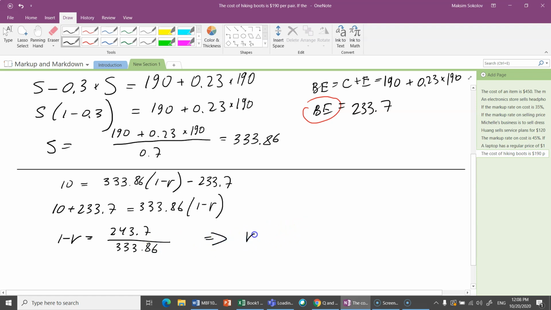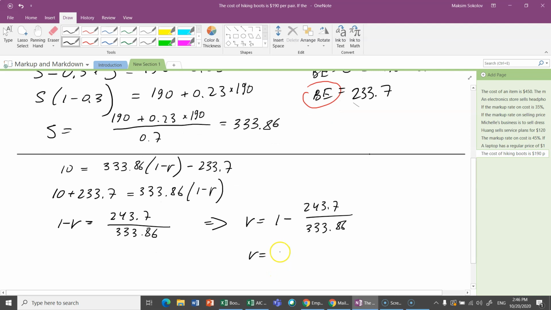So from here, R is 1 minus 243.7 divided by 333.86. R is 0.2701 or 27.01%. That's the solution for this problem.